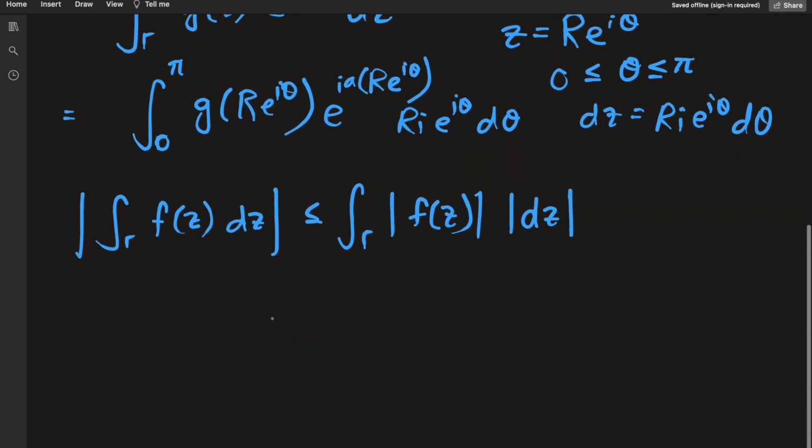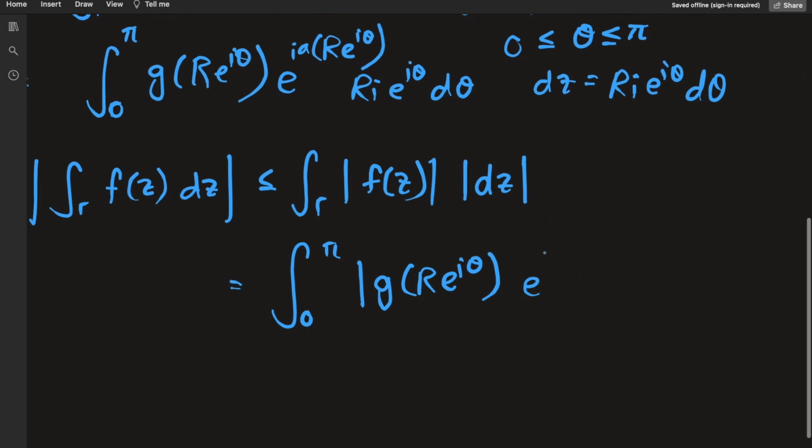Okay, and then this is precisely the integral from 0 to pi, absolute value of g of r times e to the i theta, then e to the iA r e to the i theta.